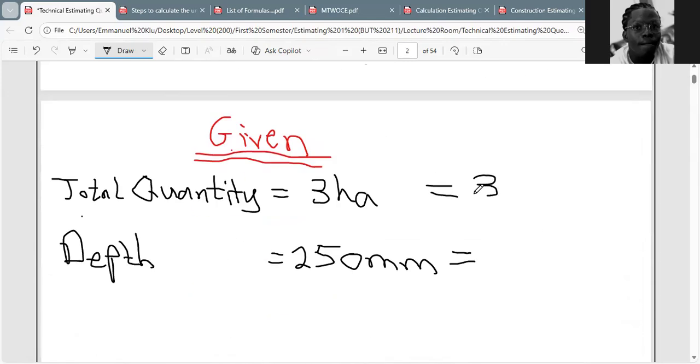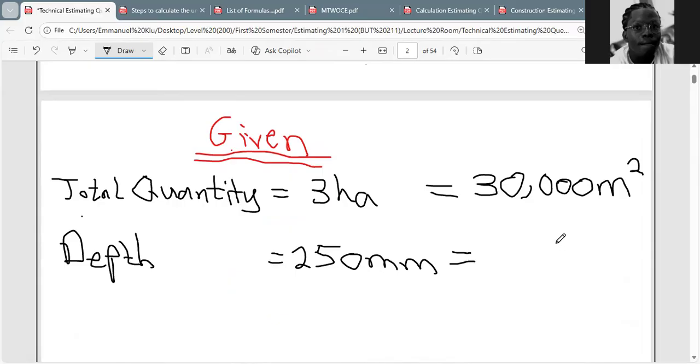So after the conversion, you are getting 30,000 meter squared.